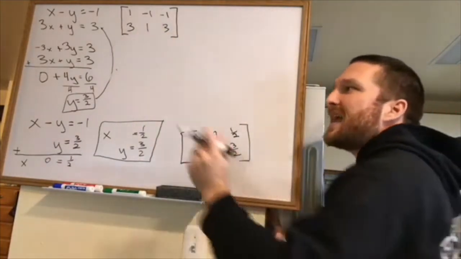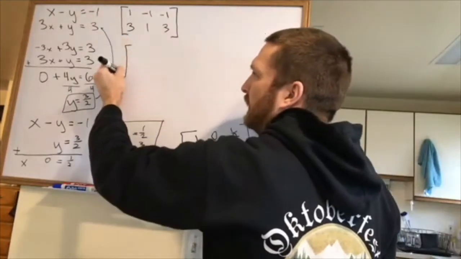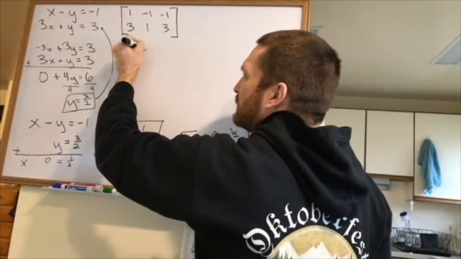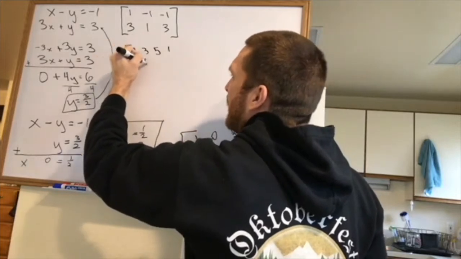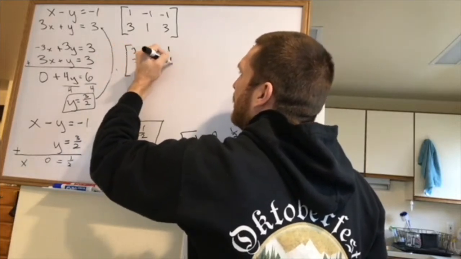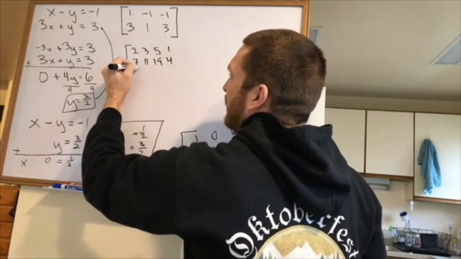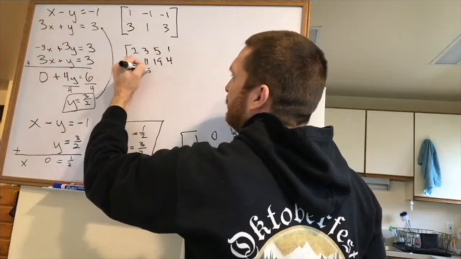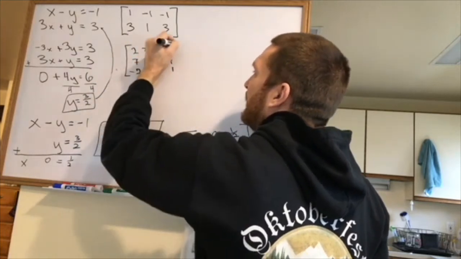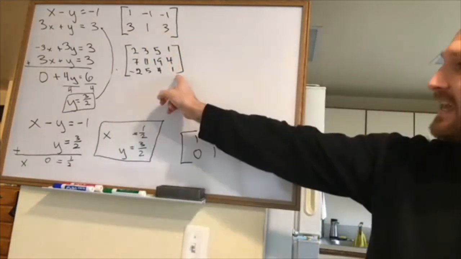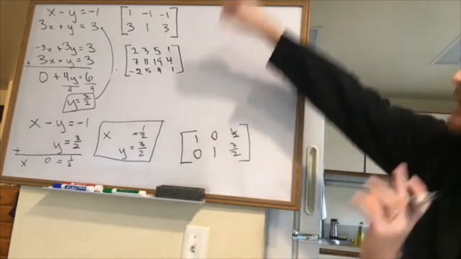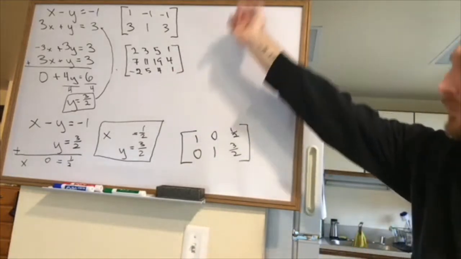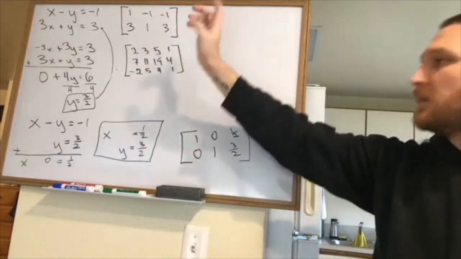Similarly, if we had a 3x3, and I'm just going to make stuff up here, let's say we had this, and oh, I don't know, -2 and 5 and 4 and 1. If we had something like this, I know that that represents 2x plus 3y plus 5z equals a number. 7x plus 11, blah, blah, blah.